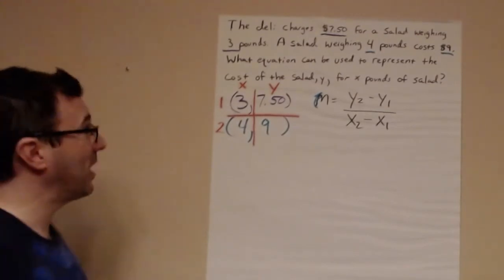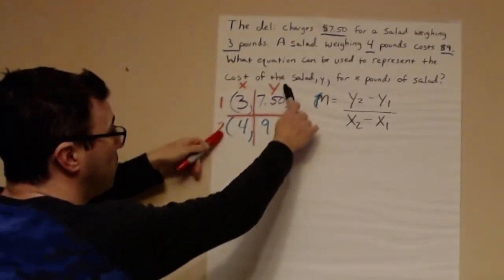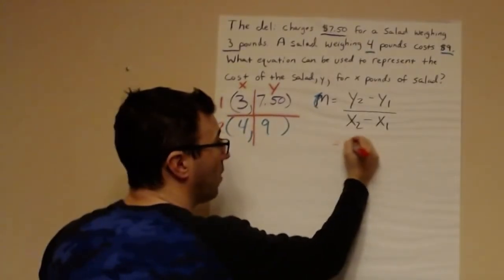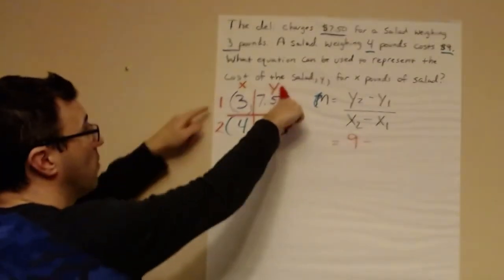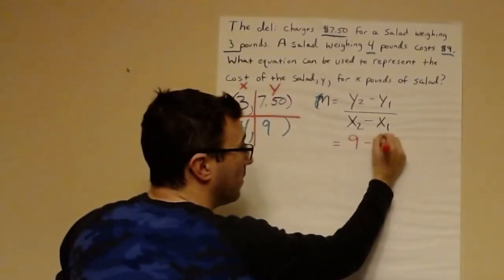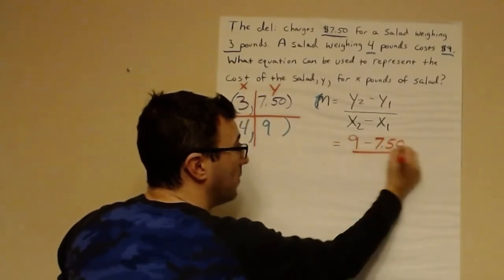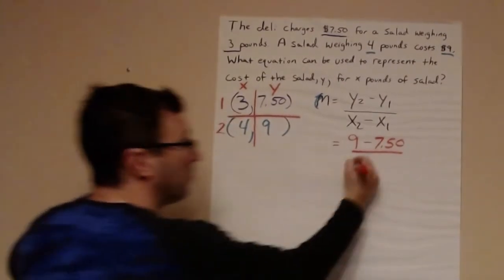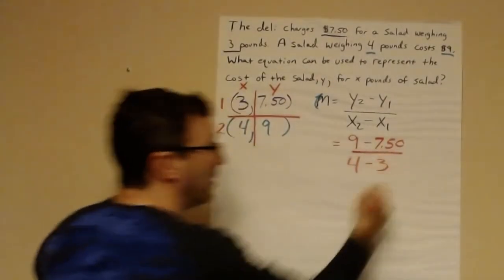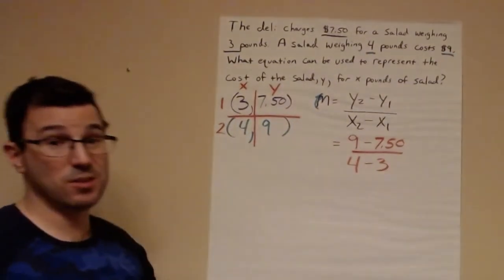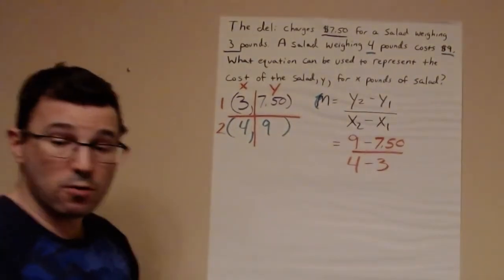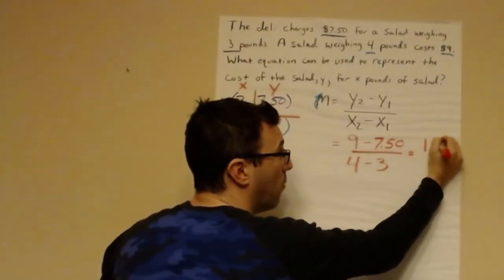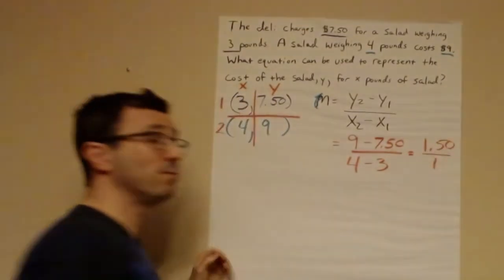Now I can follow this and say, well, y2 is 9, y1 is 7.50, so 9 minus 7.50. x2 is 4. So obviously x1 is 3 because it's the only number we had left. When we do our subtraction, we get 1.50 over 1.